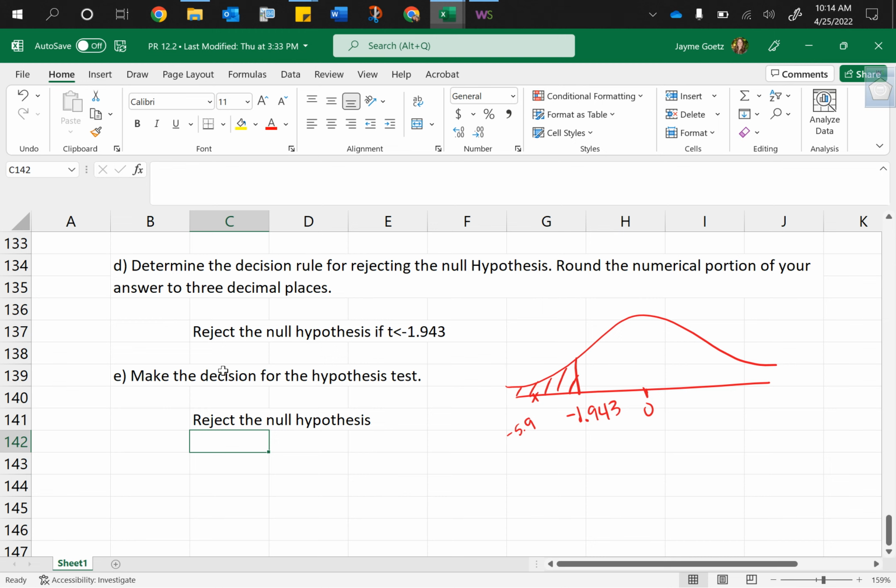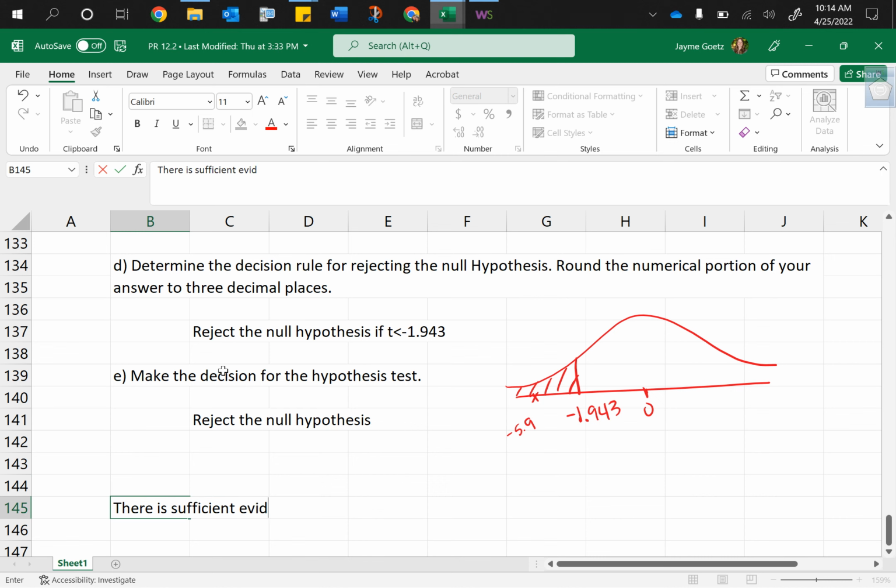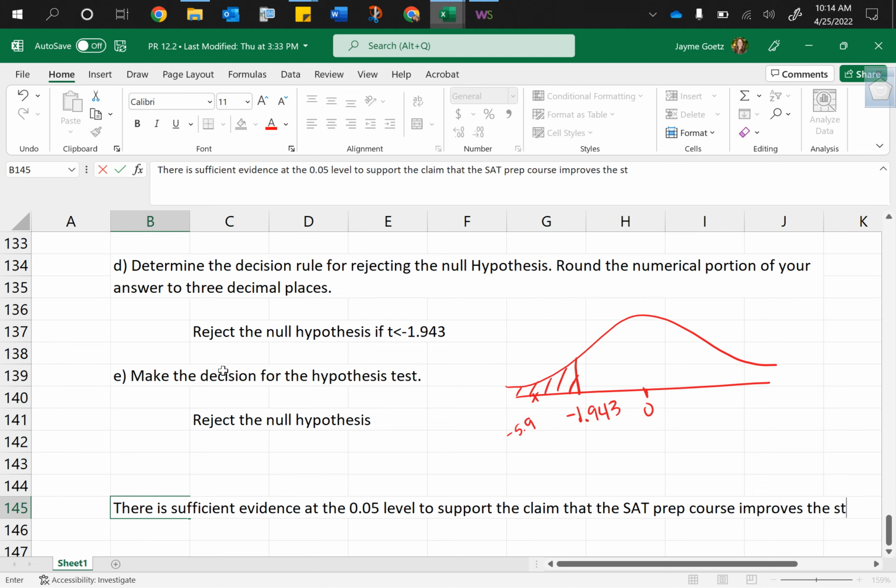If I reject the null, what does that mean? There is sufficient evidence at the 0.05 level to support the claim that the SAT prep course improves the student's verbal SAT scores.